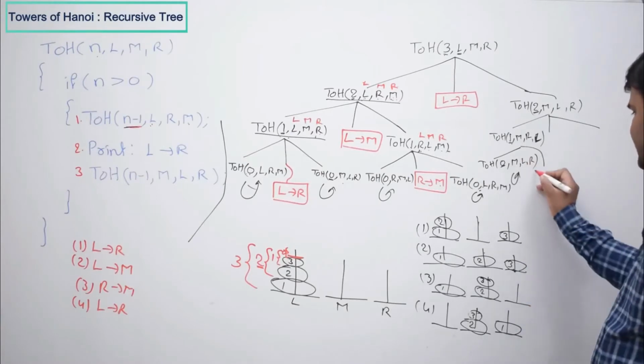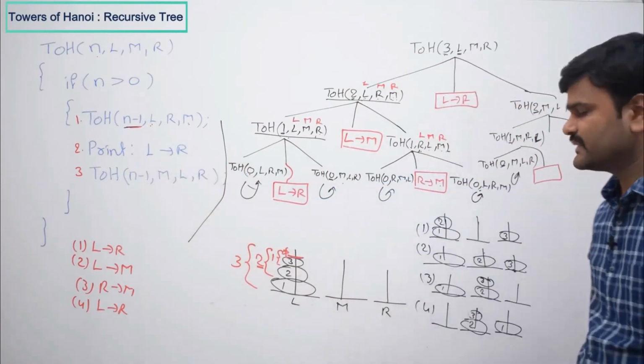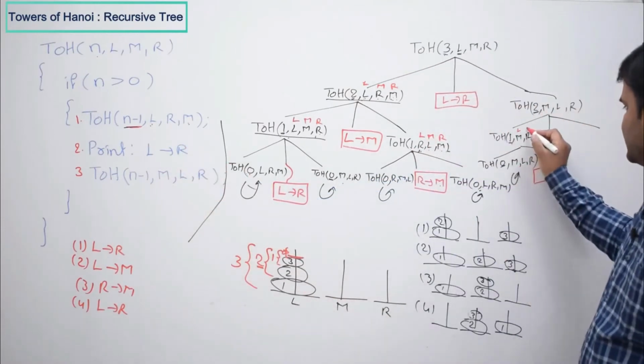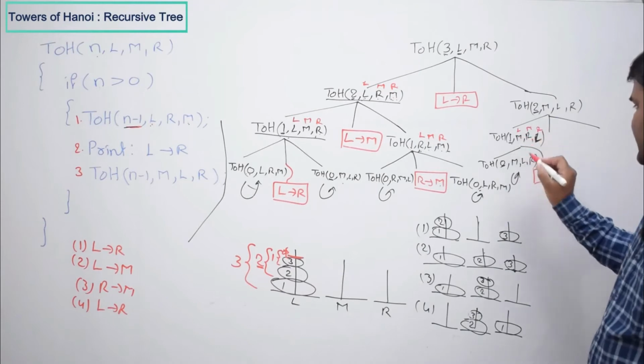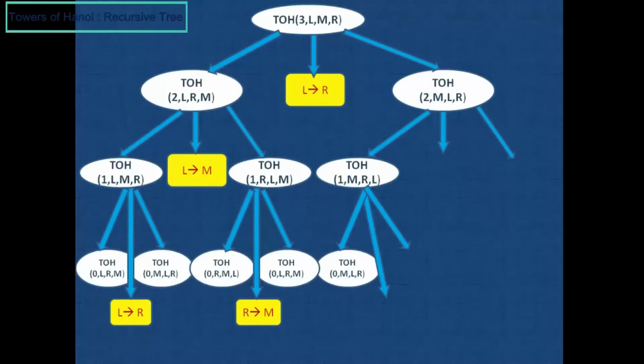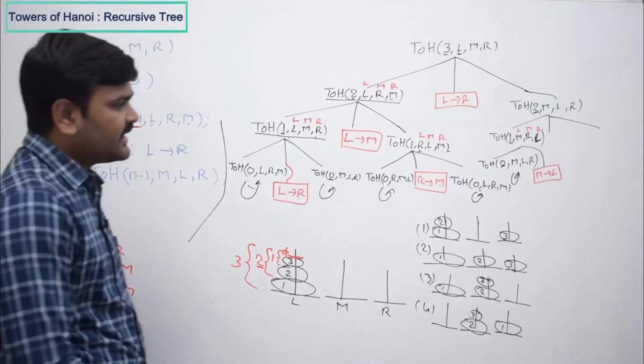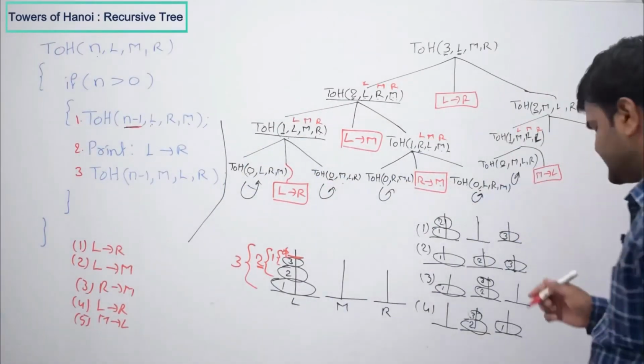What is the second statement? Print L to R. L M R. In the L position M is there, in the R position L is there. So the fifth movement is taking place, that is M to L.